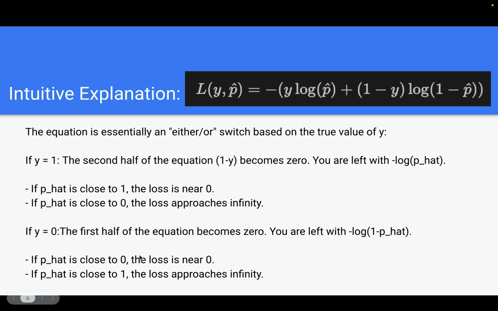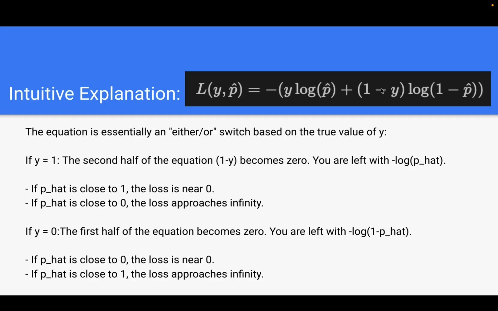Now let's understand this with a much more intuitive explanation. So consider this equation that we have here. This equation is essentially an either-or switch based on the true value of y, because our true value can take only two values, one is 0, other is 1. So if y is equal to 1, the second half of the equation, which has 1 minus y, becomes 0.